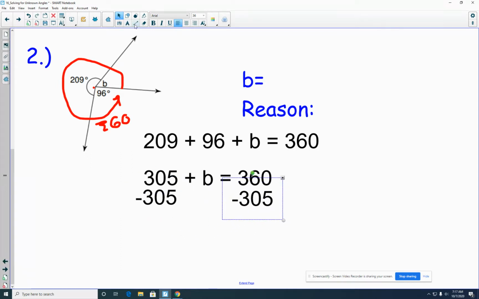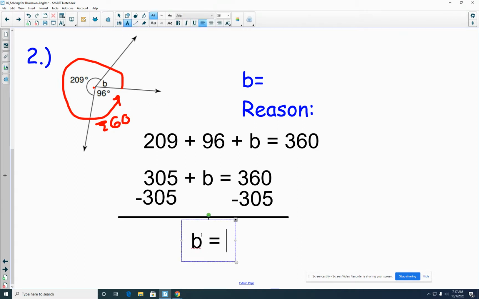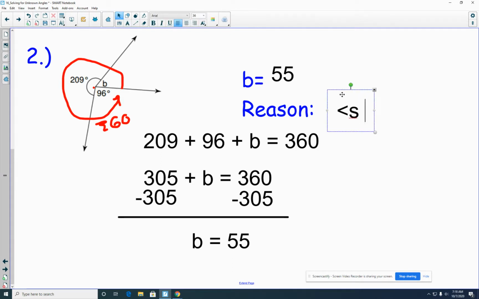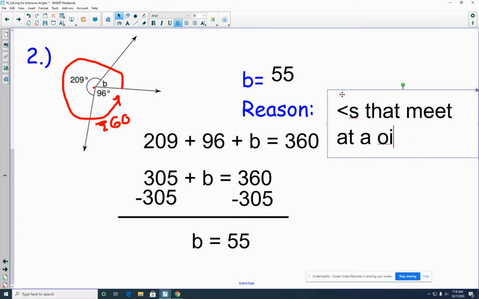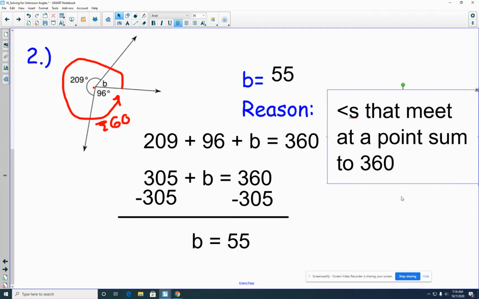Here, my line. Now I bring down my b, and b is equal to 360 minus 305, which is just 55. So b is 55, and my reason, well, I had that 360 relationship because I had here angles that meet at a point sum to 360.